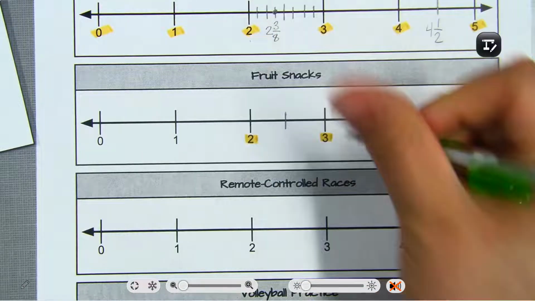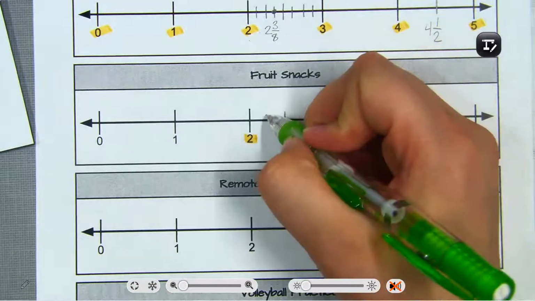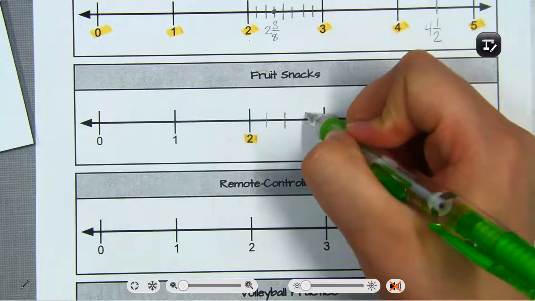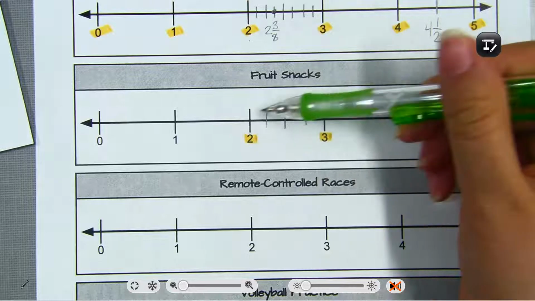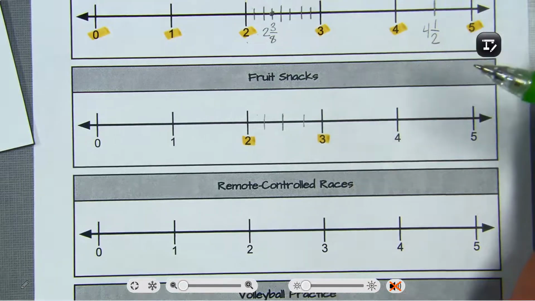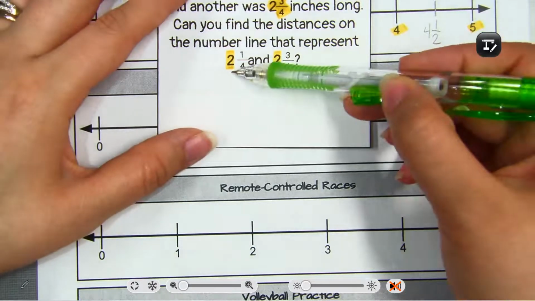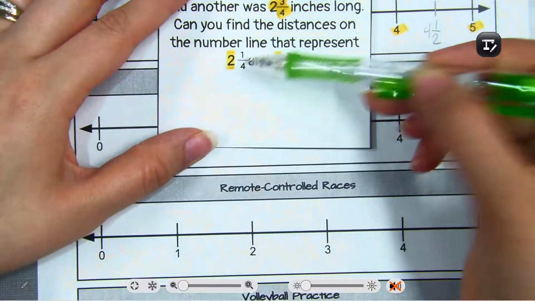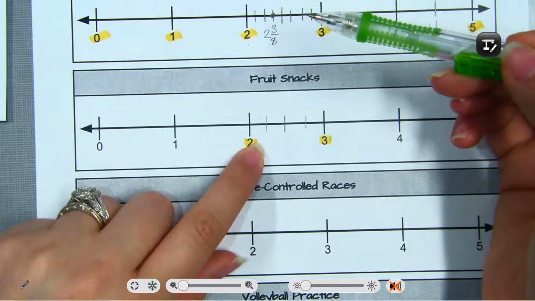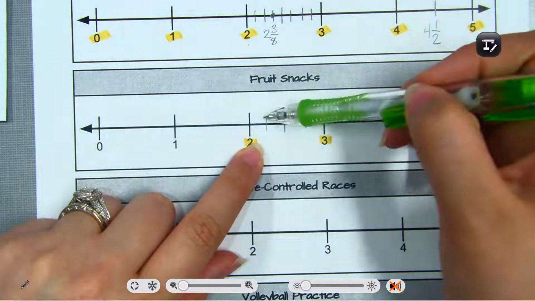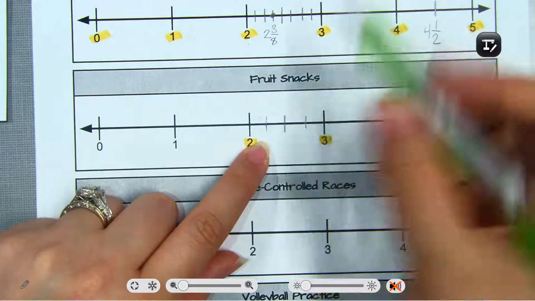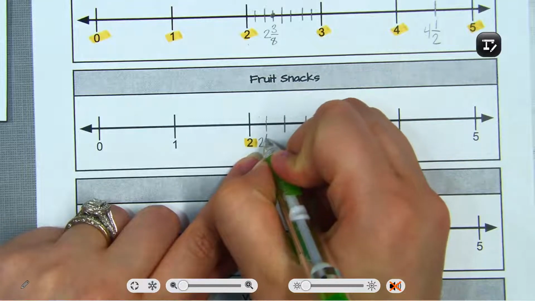And then on the left side right here, I'm going to do half again and half again. So I have 1, 2, 3, 4 spaces. Now, the first fruit roll-up was 2 1/4 inches long. So here's the 2. 1/4 would be this first mark because that's 1. So this is 2 1/4.